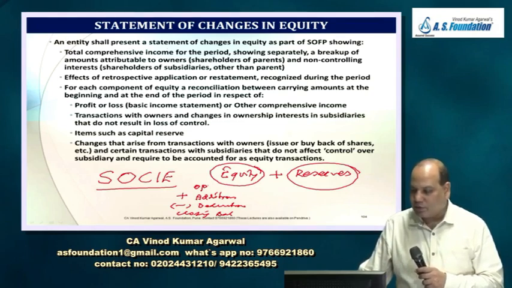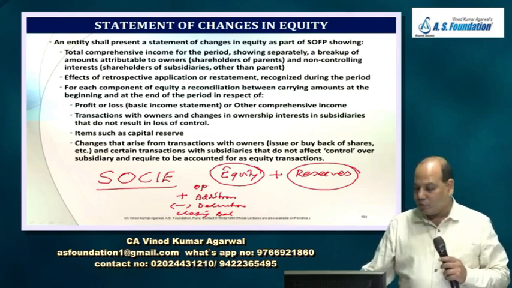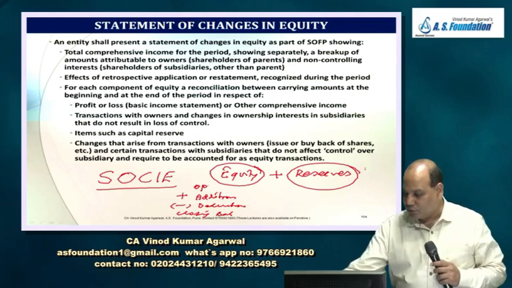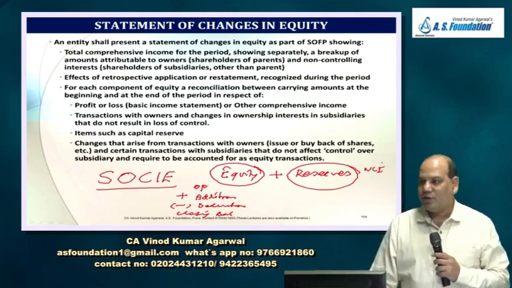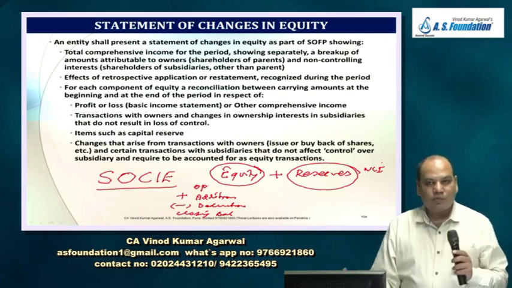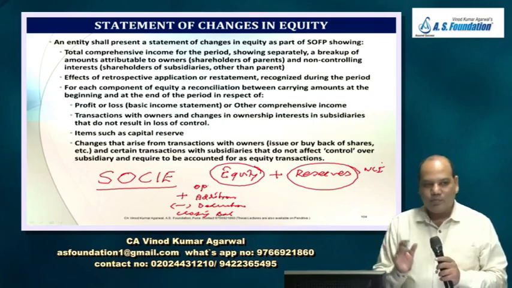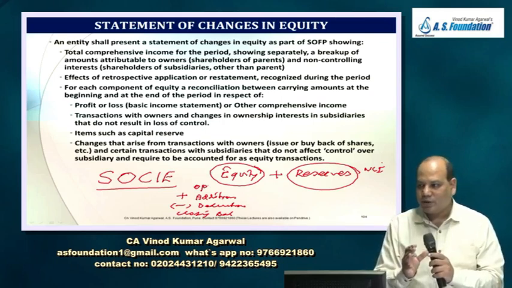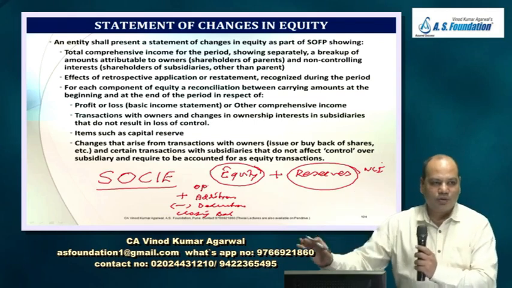An entity shall present a SOCIE as a part of the financial statements showing total comprehensive income for the period, showing separately a breakup of amount attributable to owner, that is shareholders of the parent, and NCI, that is shareholders of subsidiary other than parent. So if you are preparing consolidated statements, you will have one more column for NCI also. And whatever is the share of NCI in the profit or loss or other comprehensive income, you will also allocate it to NCI.